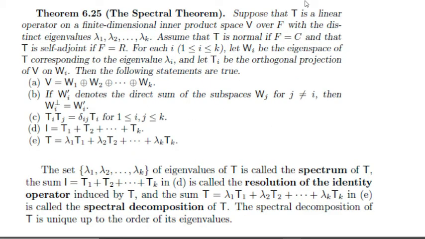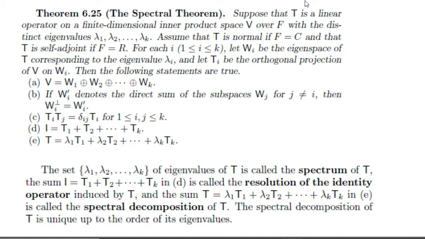Now the spectral theorems. Suppose T is a linear operator on a finite dimensional inner product space V over F with distinct eigenvalues lambda 1 to lambda k. Assume that T is normal if F is equal to C and that T is self-adjoint if F is equal to R. For each i from 1 to k, let Wi be the eigenspace of T corresponding to eigenvalue lambda i, and let Ti be the orthogonal projection of V on Wi.